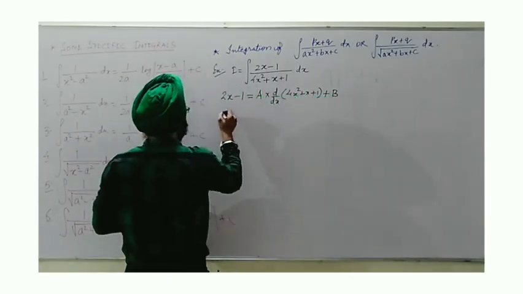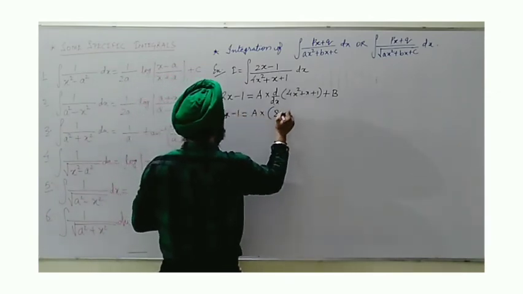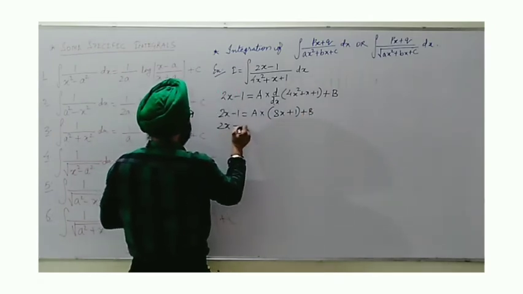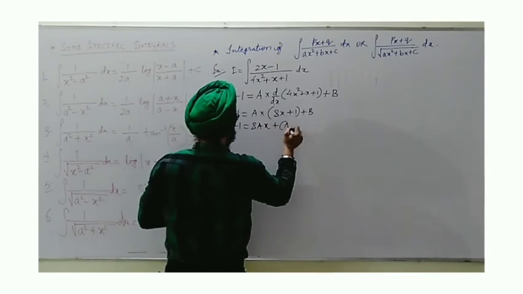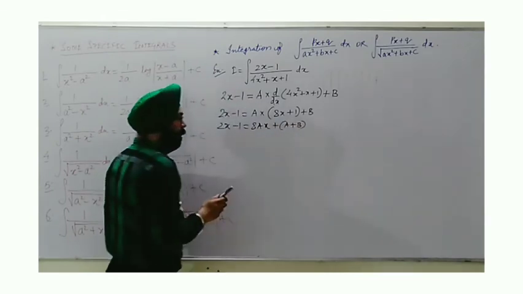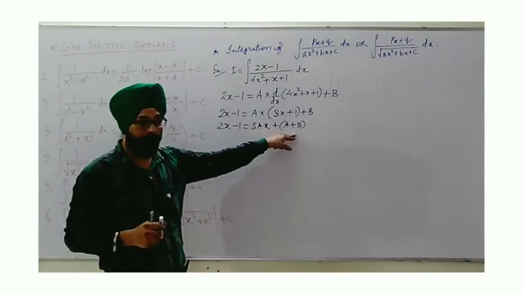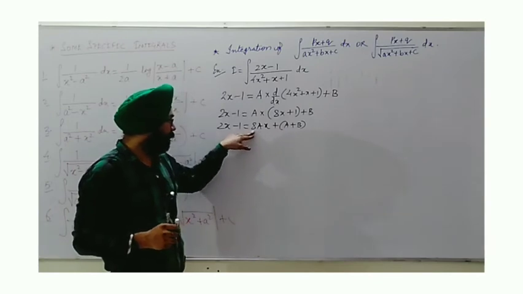Here 2x minus 1 equals a into, differentiating, we get 8x plus 1, plus b. Solving, we get 2x minus 1 as 8ax plus a plus b. Now you can see I have written it in standard form, the term of x separate from the other terms. This is the constant, and this is the coefficient of x.